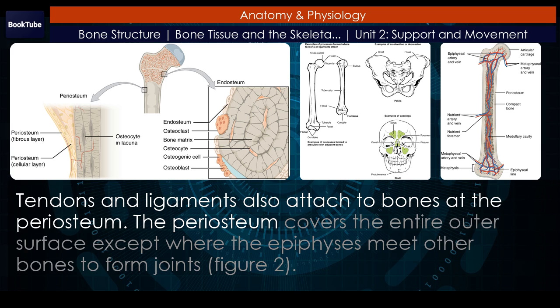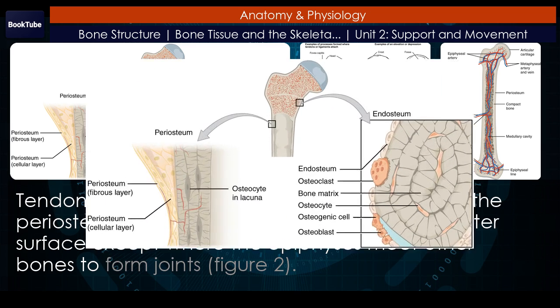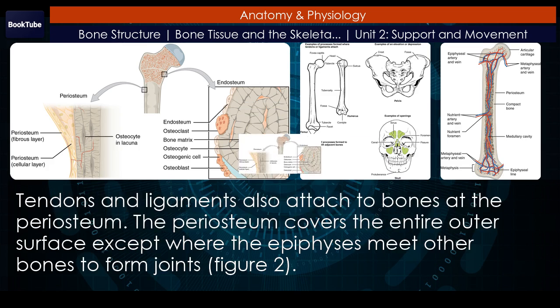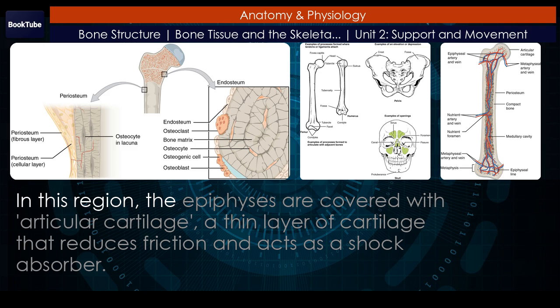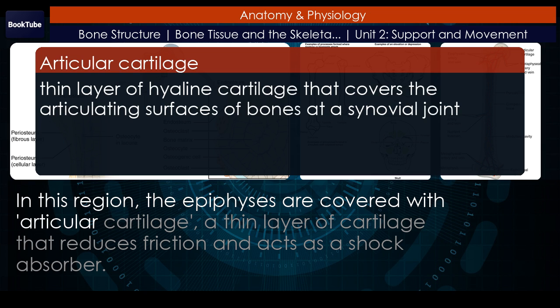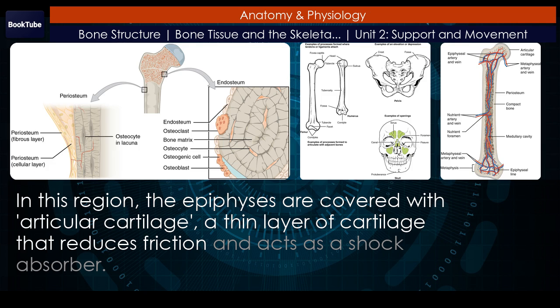The periosteum covers the entire outer surface except where the epiphyses meet other bones to form joints. Figure 2. In this region, the epiphyses are covered with articular cartilage, a thin layer of cartilage that reduces friction and acts as a shock absorber.